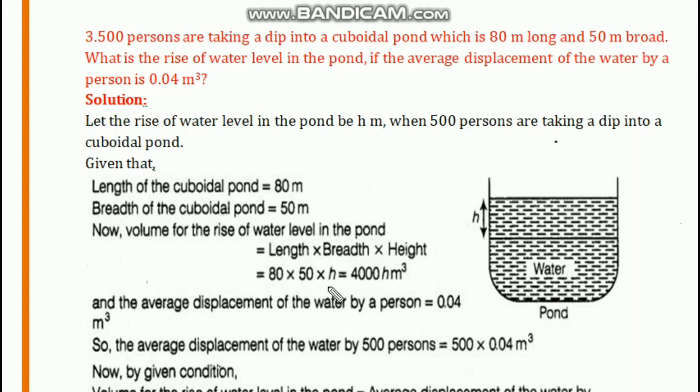So 80 into 50 into h is equal to 4000 h meter cube. Next we need to find out the average displacement of 500 persons. So the average displacement of one person is 0.04. Then the average displacement of the water by 500 persons is 500 into 0.04 meter cube.